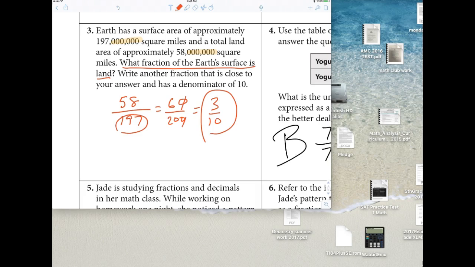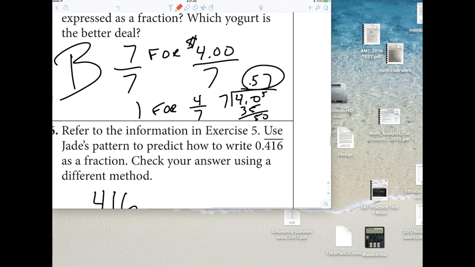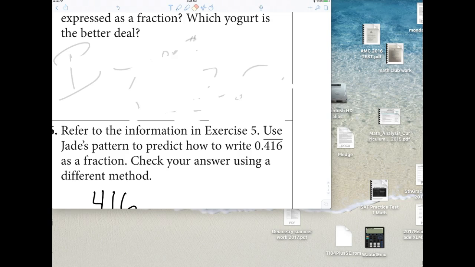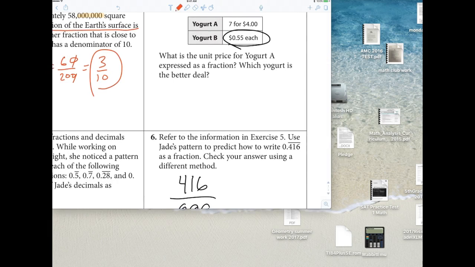All right, does anybody else have a question? Catherine, could you do number 4 here? Yes. All right. Now, I did this with another class, so I want to make sure you guys got it. The unit price: I could never remember what went first or what to divide. So here's how I finally figured out the best way, for me. I wrote down that I could do 7 for $4.